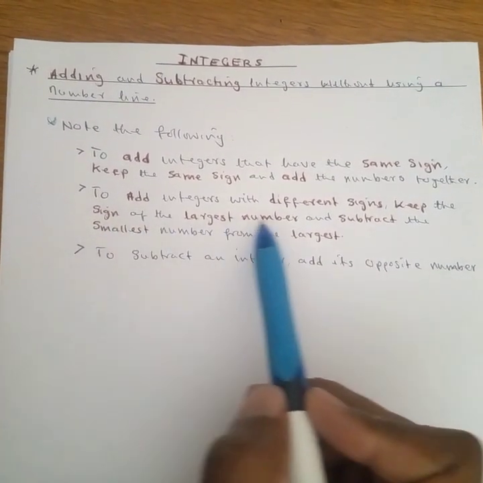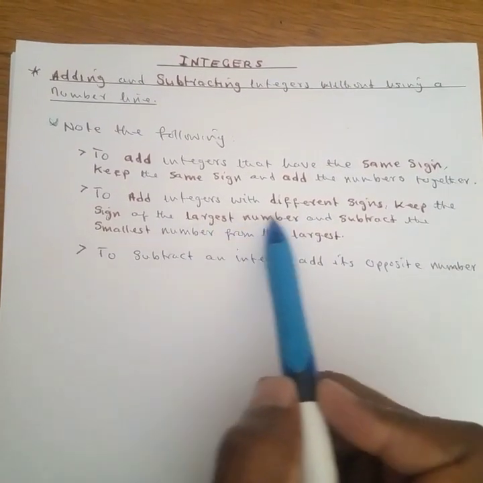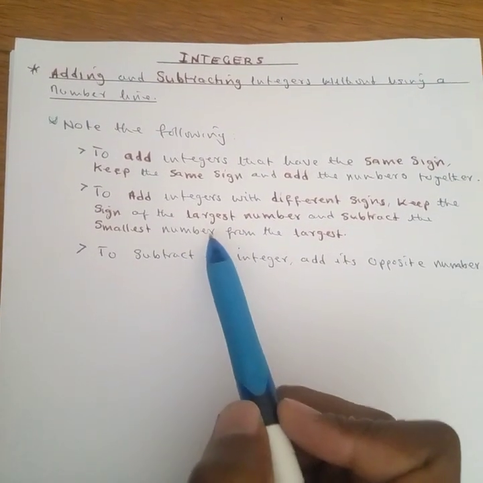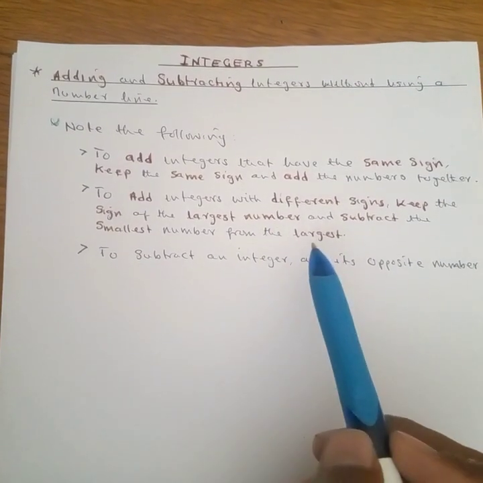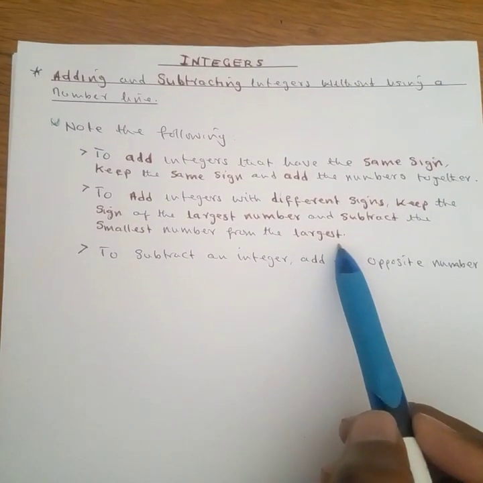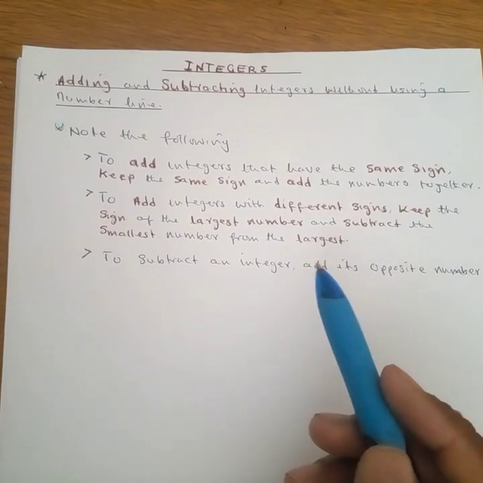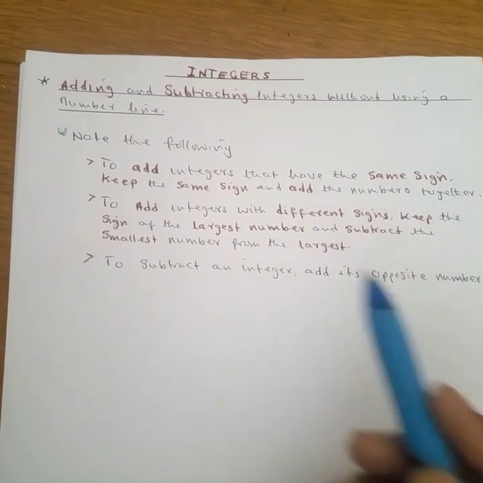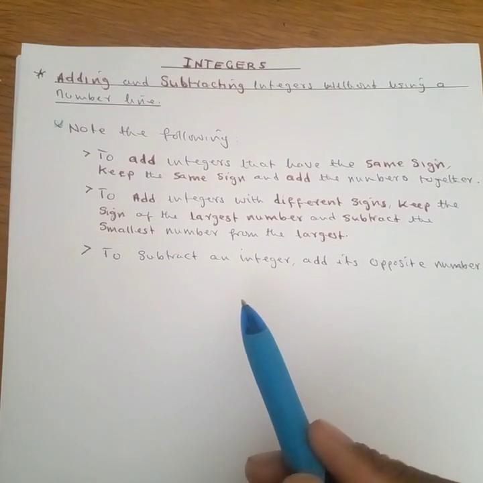Keep the sign of the big number. The sign of the big number is negative, but the sign of the smaller number is positive. So you keep the sign of the big number and subtract the smallest from the largest. So we say negative 2, we keep the sign and subtract 1 from 2, which is 1. So your final answer will be negative 1.